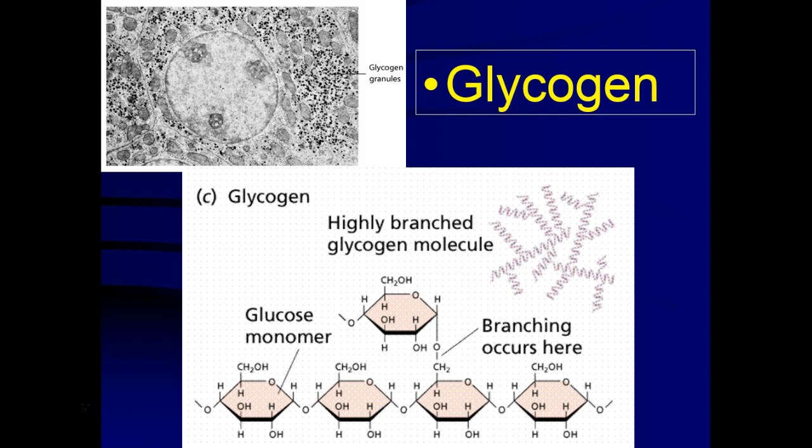So this is described as an alpha 1 to 6 glycosidic linkage. Now the big difference between this and amylopectin is that in amylopectin we had a branching at every 25th alpha glucose.